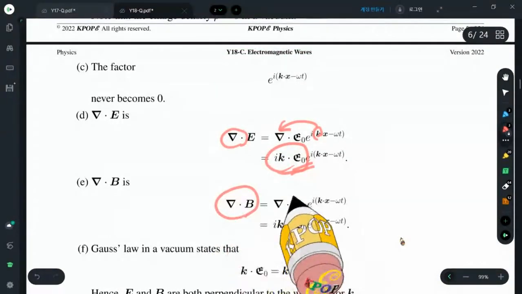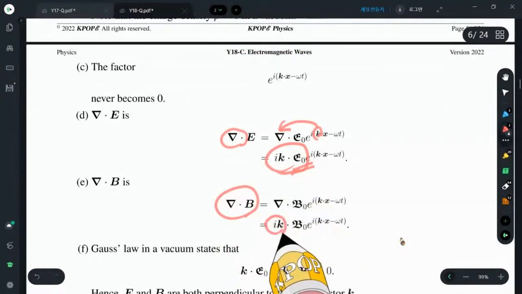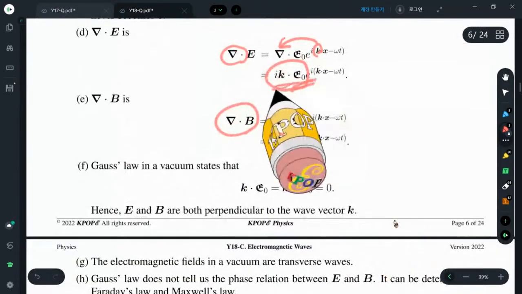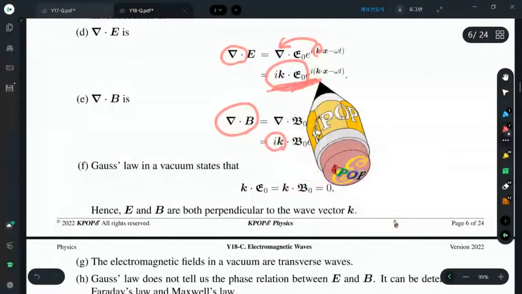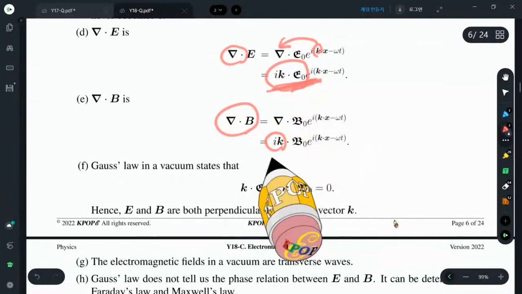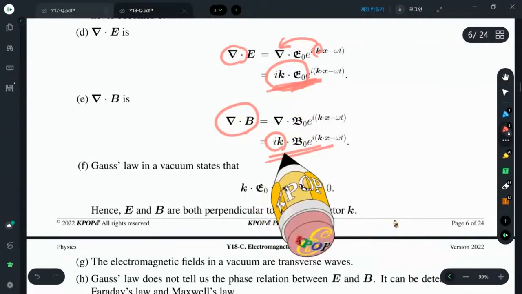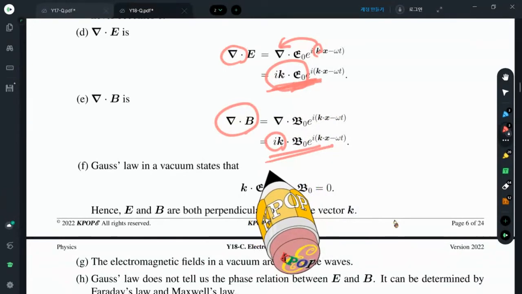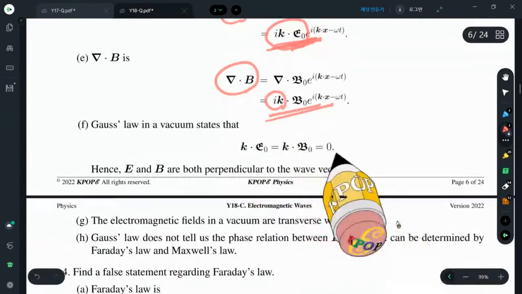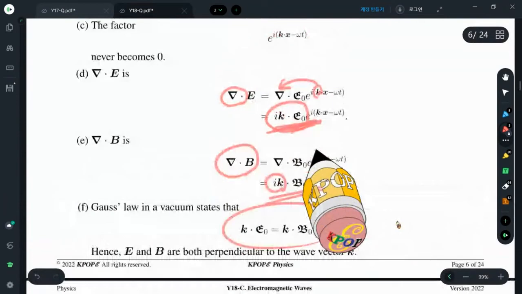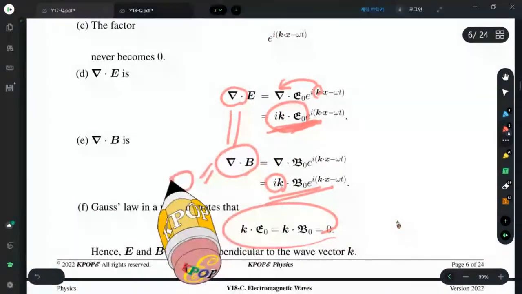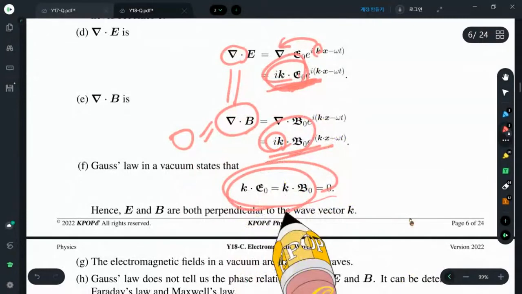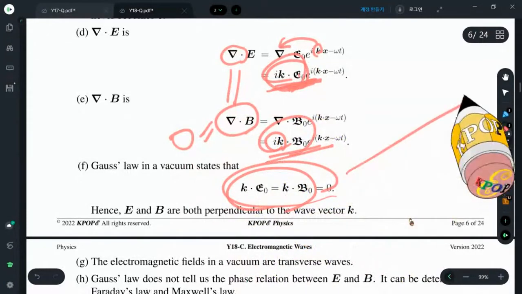Divergence B also brings ik. So the wave vector scalar product with the amplitude vector for the electric field, and the amplitude vector for the magnetic field. This is a very important result. We know both of them are zero. Scalar products are zero. What's that?